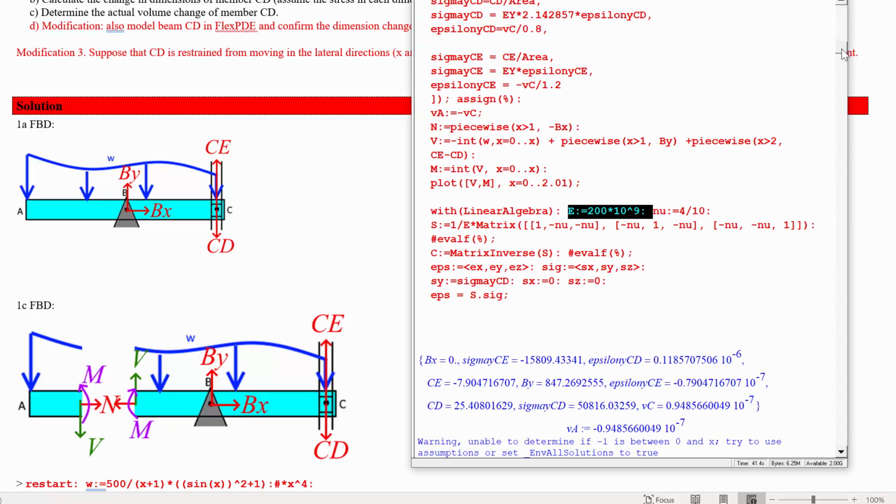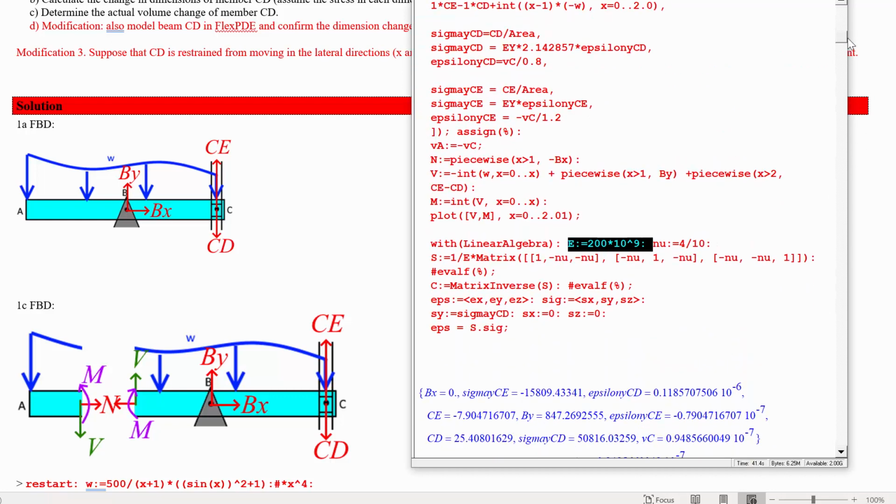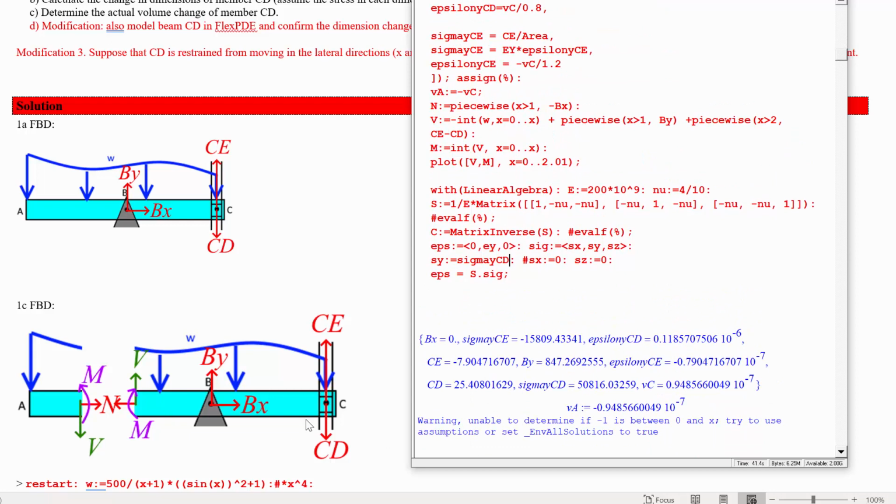So in Maple, we can get this worked out by now setting, instead of the stresses equal to 0, these strains in X and Z equal to 0 and applying the same stress that we did vertically before, and seeing how this works out.